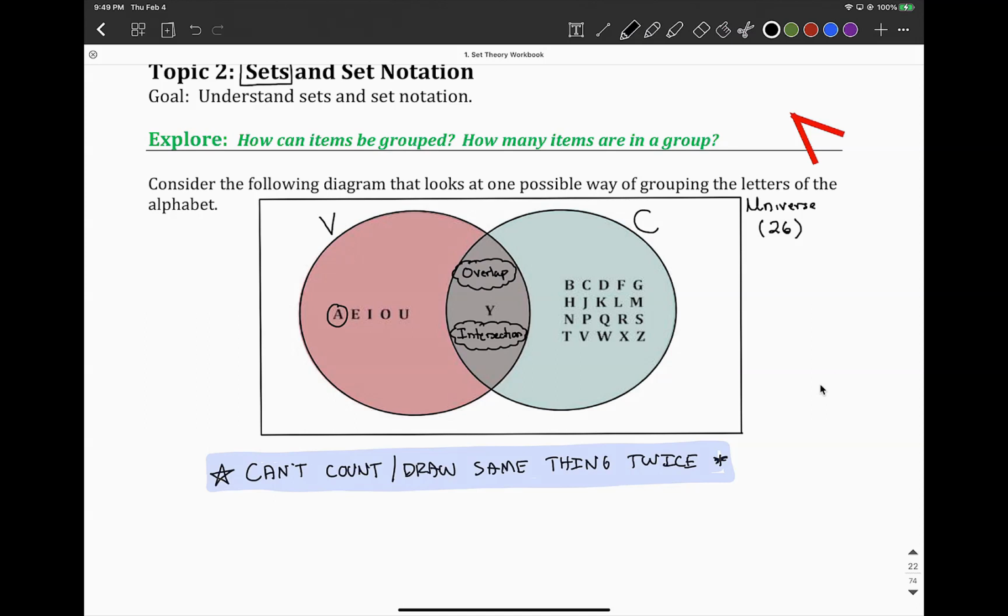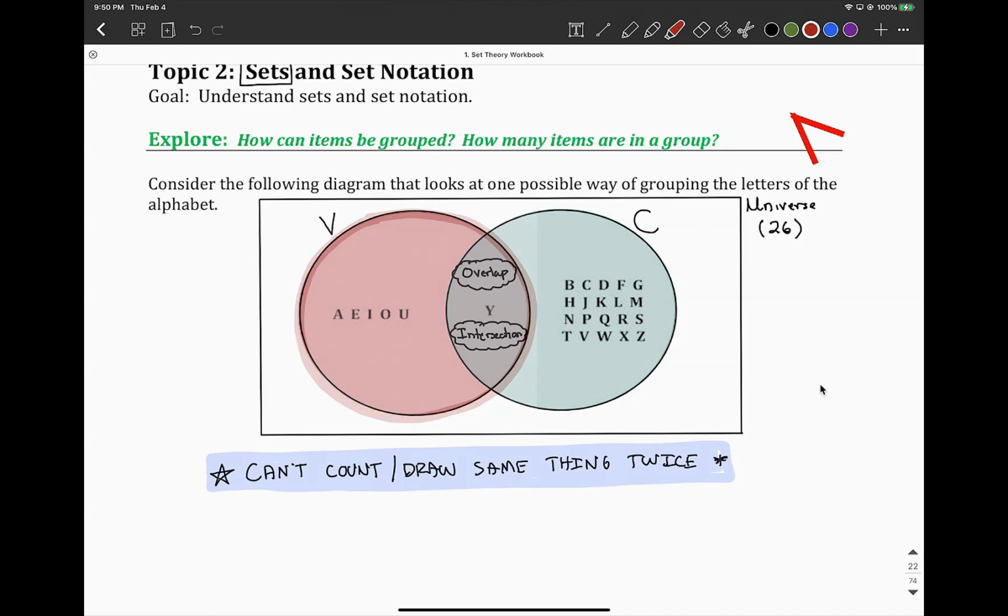And the letter Z is only a consonant, so it's not in the intersection. It is totally not within the V set. But anything that's within V, anything that's in C, is considered to be a part of that set. That's what we call this circle, this shape that we've used to contain all of the vowels.